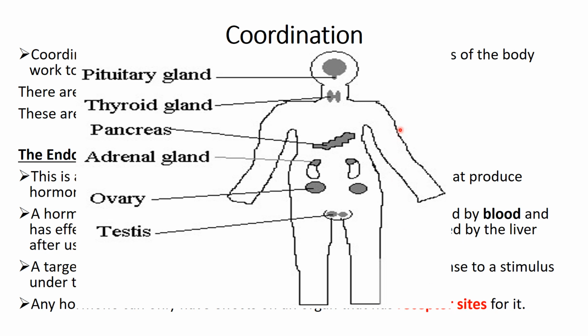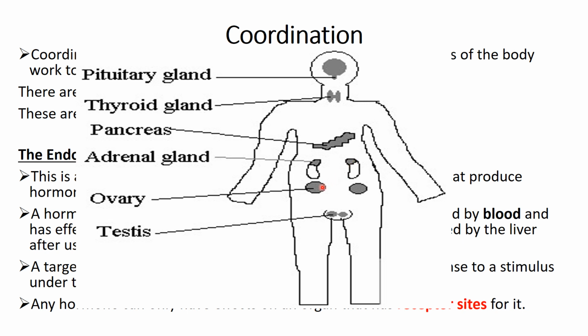So this is how the endocrine system is in the body. It is just made of glands. In the brain we have the pituitary gland, then on the neck we have the thyroid gland, then we have the pancreas, which is also a gland. Then just on top of the kidneys we have these two adrenal glands.